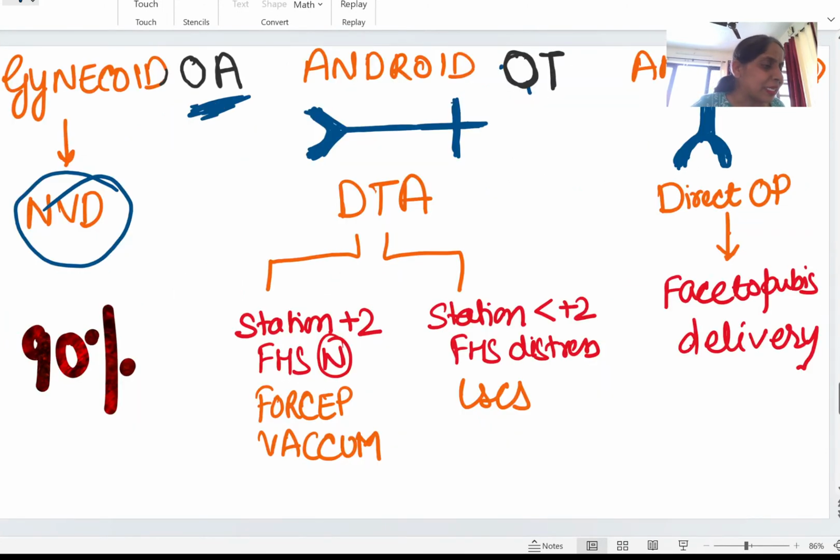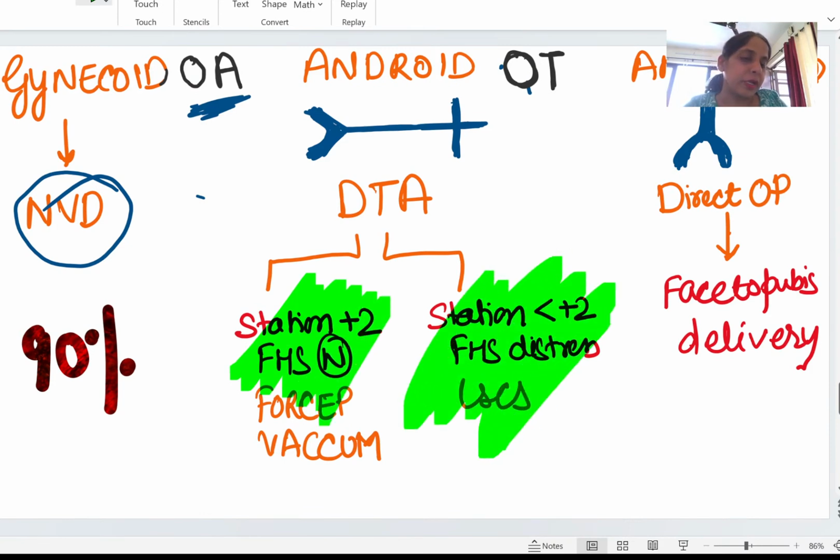So what happens in gynecoid pelvis? There is normal delivery. Whereas in android pelvis, deep transverse arrest occurs and delivery is dependent on the station. If station is more than +2, we will apply forceps or vacuum.